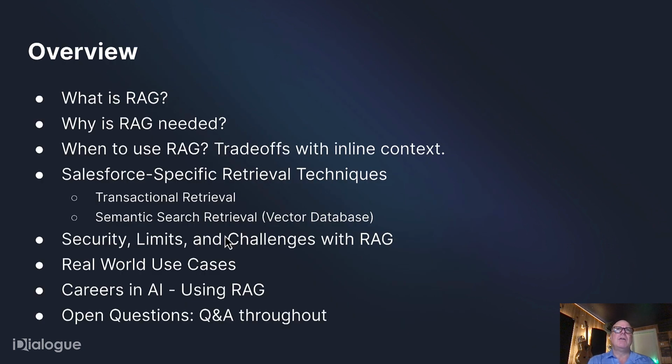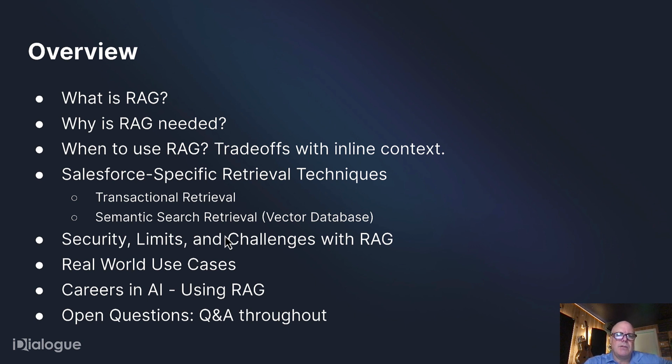So we'll talk about what is RAG. We'll talk about why RAG is needed and when to use it. There are some trade-offs when you would want to continue doing some inline injection of prompts versus RAG. We'll talk about some Salesforce-specific retrieval techniques, generating inline queries, and interacting with Apex versus vector storage techniques. There are the obvious security limits and challenges with RAG.